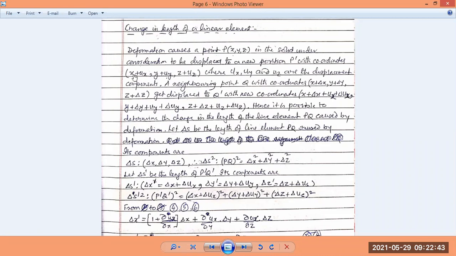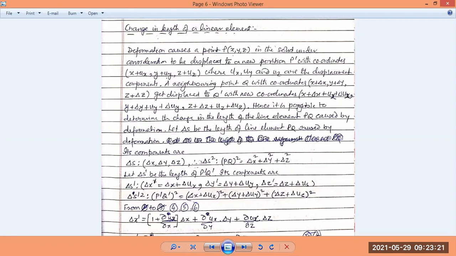Here we are not saying delta x, delta y, or delta z, because we are clearly saying that this is a straight line from P to P dash whose displacement components or direction cosines are known. So they should just be added to x, y, and z, because these displacement components will give you the displacement along the x-axis, y-axis, and z-axis. So in order to know the coordinates of this point P dash, we simply add the values ux, uy, and uz to the corresponding values of x, y, and z itself.